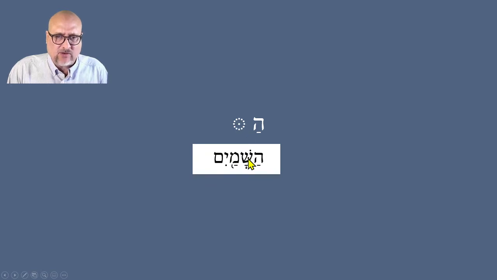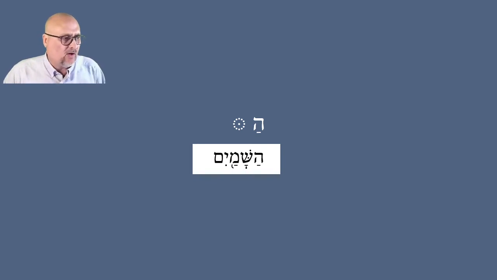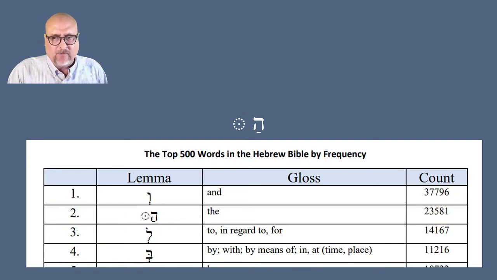So this dagesh is going to double this letter, and you can do that as long as it's not a guttural. So as long as it's not an aleph, ayin, hey, het, or resh, then it will double the next letter. But this means the, and it appears 23,000 times in the Hebrew Bible.